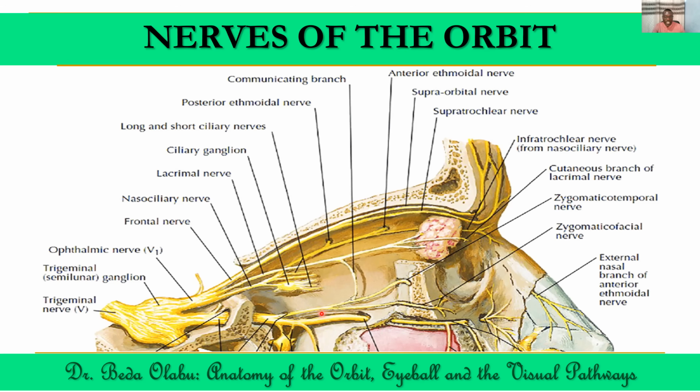The zygomatic branch of the maxillary nerve is within the orbit. It is the one that will eventually give you the zygomaticotemporal and zygomaticofacial nerves. But at least at this point, it's within the orbit, passing through the inferior orbital fissure.